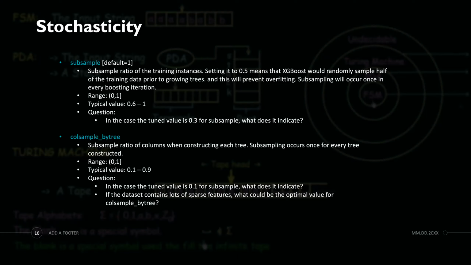What's the indication? In my opinion, the indication is that there's something wrong with the data in terms of the examples. Some examples are less predictive or less valuable than other examples. Maybe there are lots of noisy examples in the data set, which confuse the model.